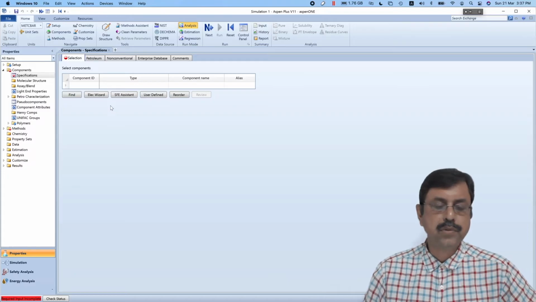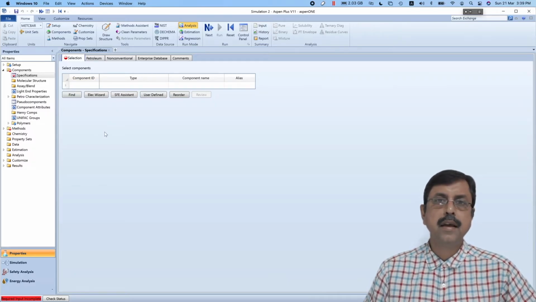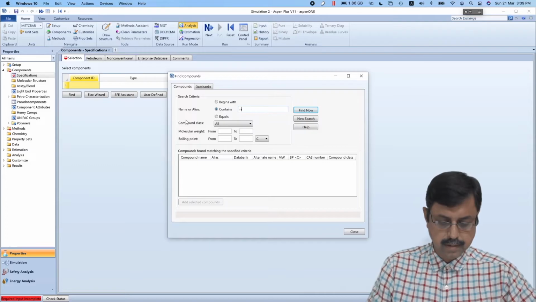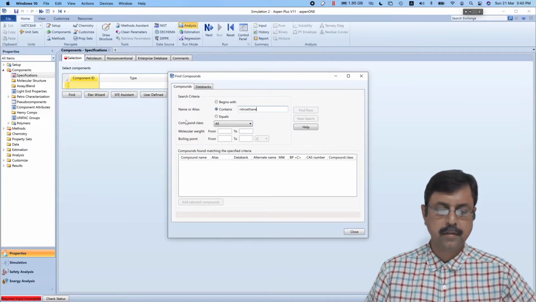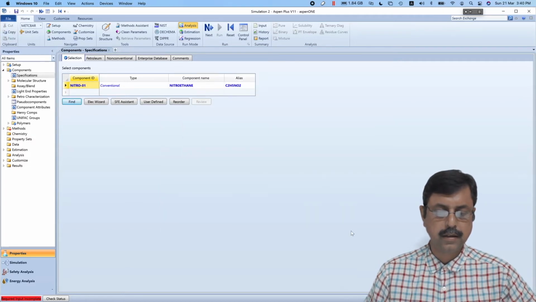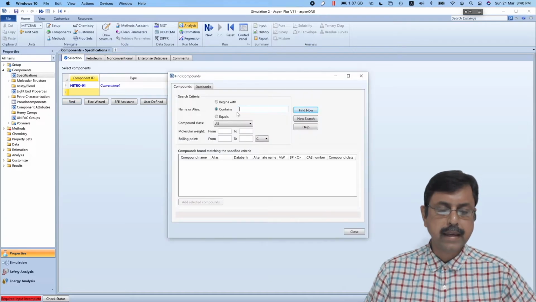So here we have to add the components. The first component is nitroethane. So we have to find nitroethane. This is the one, we add it. And the second component is cycloheptane.